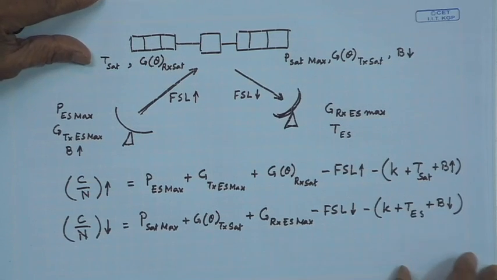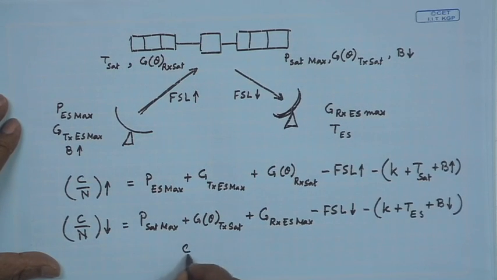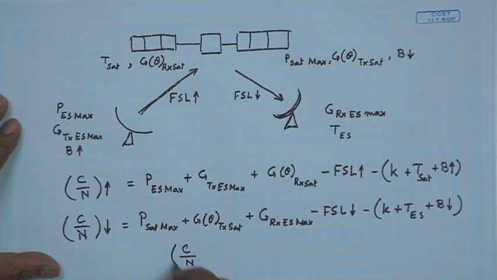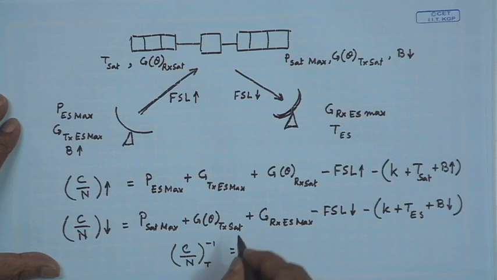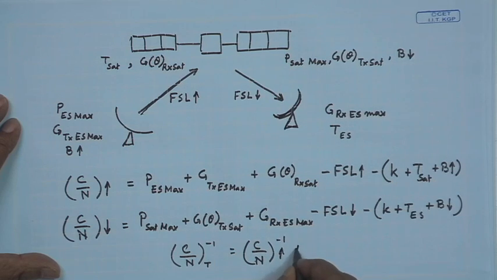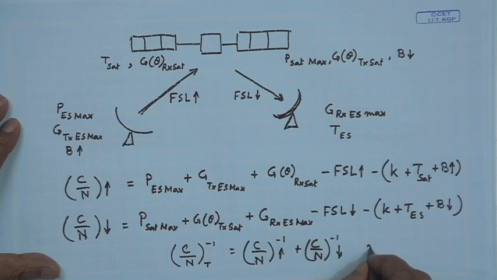Fine. So, therefore, the C by N total, or simply C by N if you can call, is, we know this expression, this is in the uplink and this C by N in the downlink, and you remember that is in ratio.